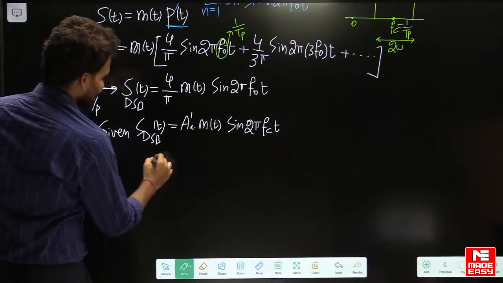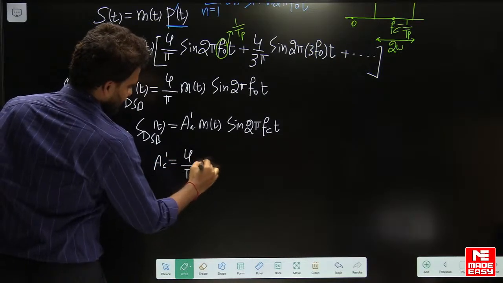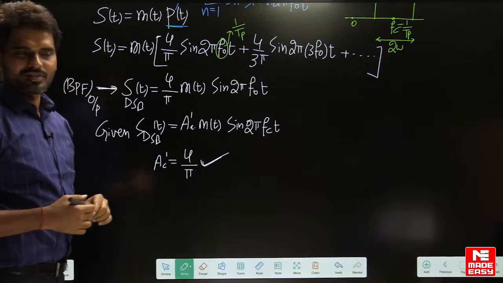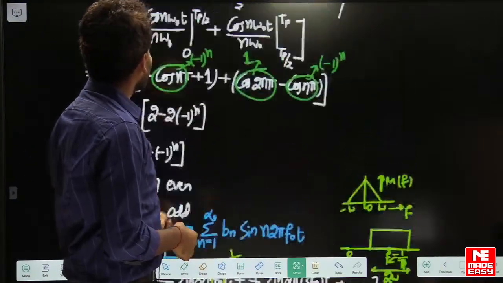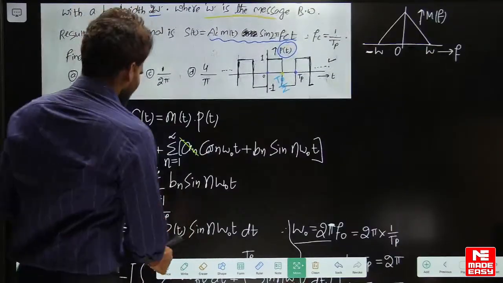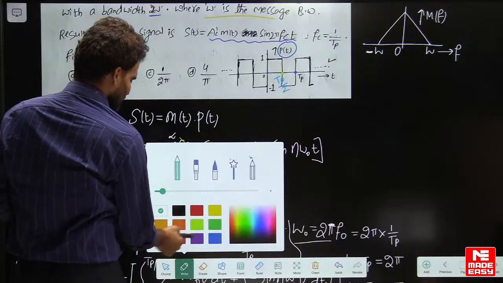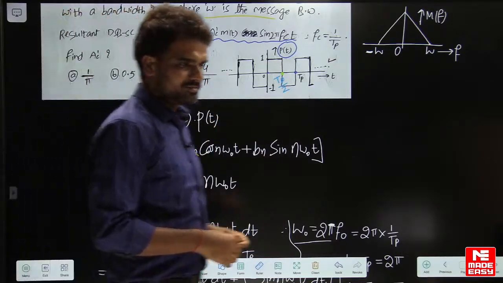So from comparison, Ac dash will be equal to 4 by pi. Yes, Ac dash is 4 by pi. So option D is going to be correct. Option D will be correct.